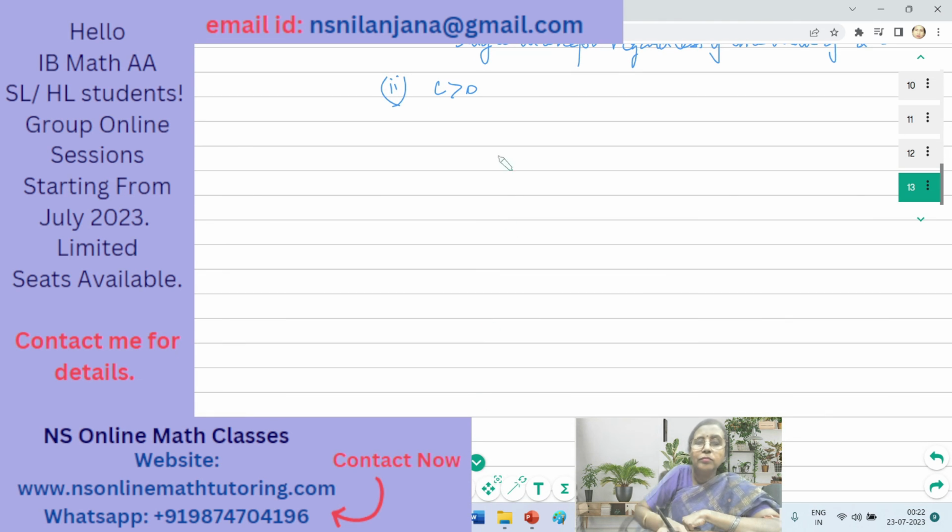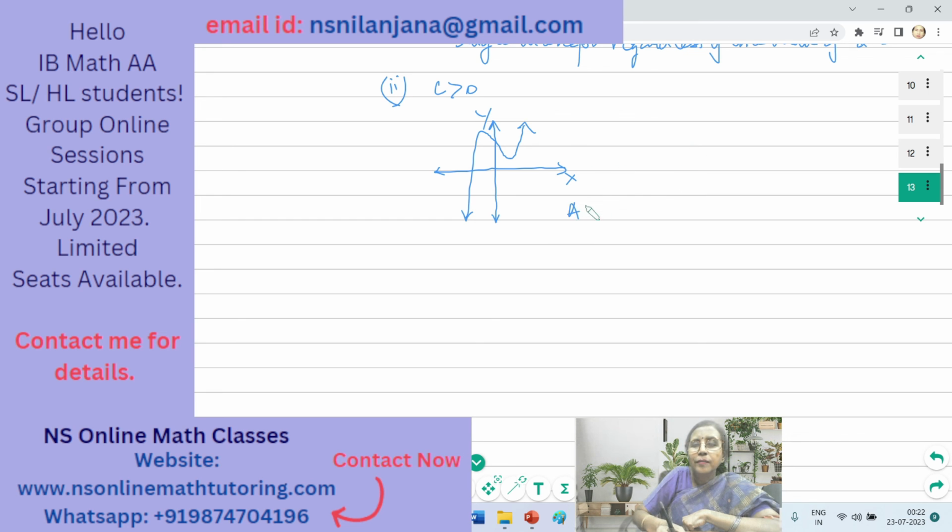Let me draw the two cases once more. Both the maximum and the minimum values above the x-axis.